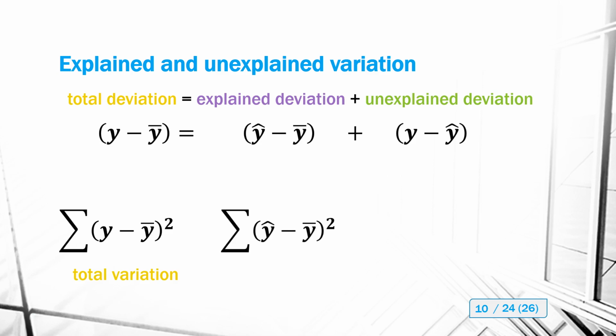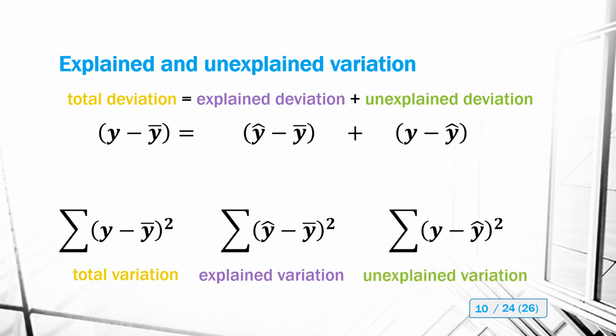I can do the same thing with explained deviation. Take the sum of the squares. And then that would give me the explained variation. Likewise, for the unexplained deviation, I can do the same operation. And then I would get unexplained variation.